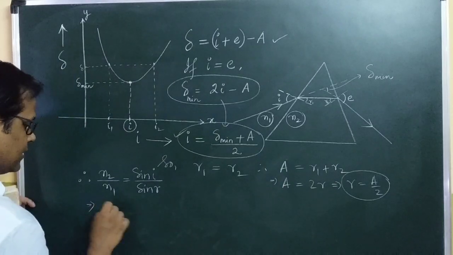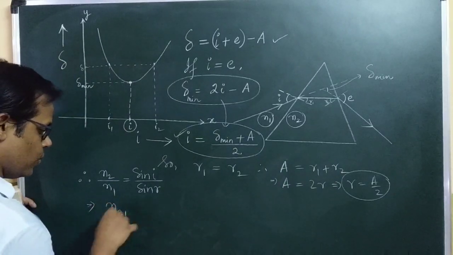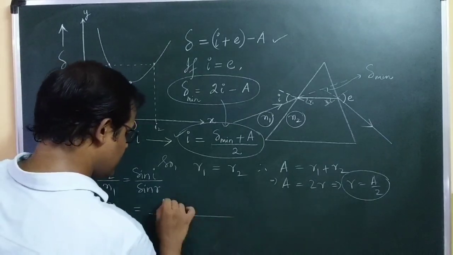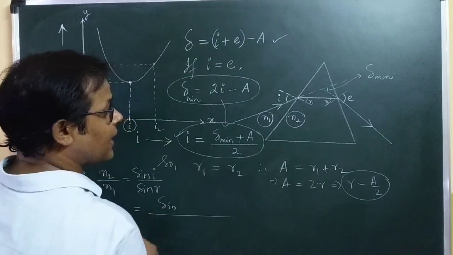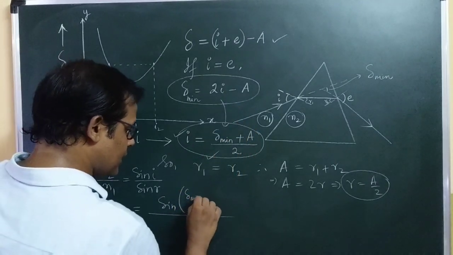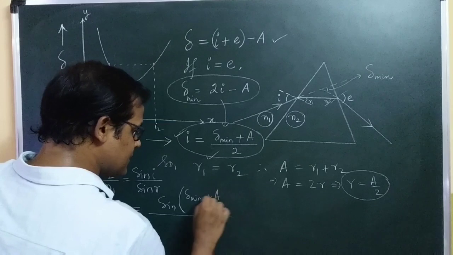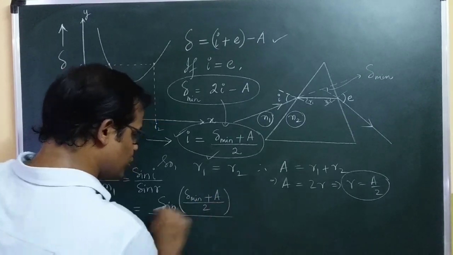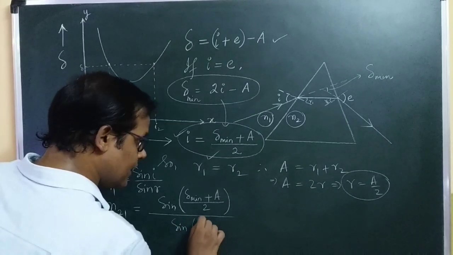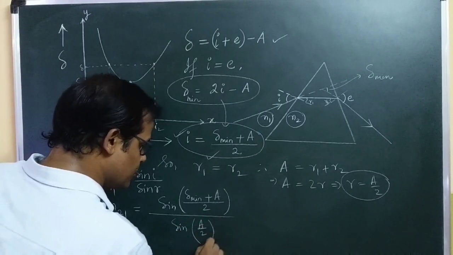So I can write N21 is equal to sin of I, which is the value we could easily put in there, (delta minimum plus A) by 2, over sin of R, which can be happily written as sin A by 2.